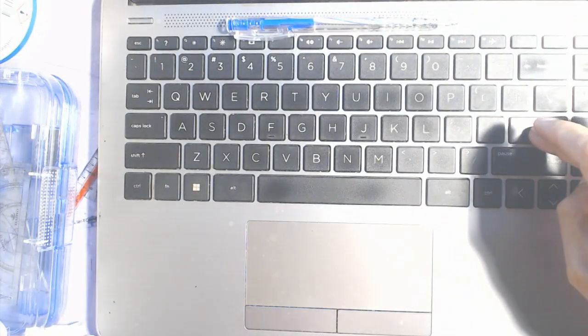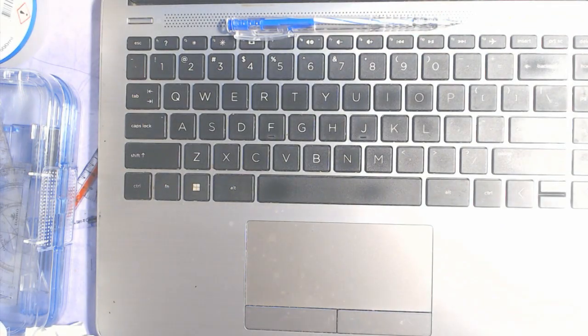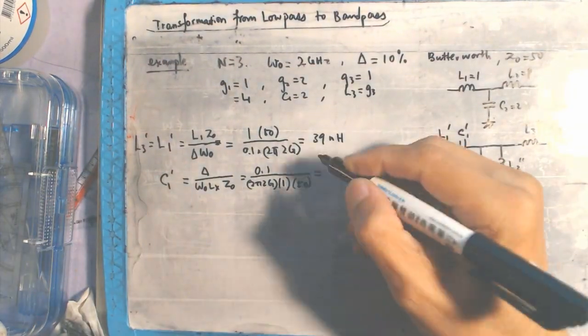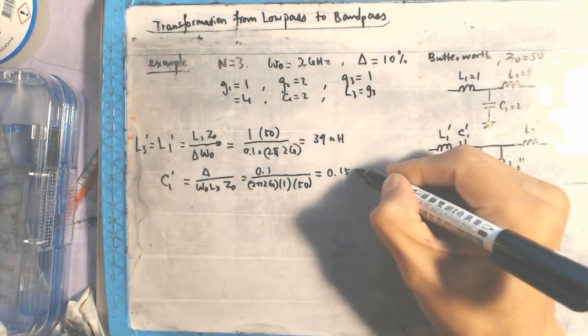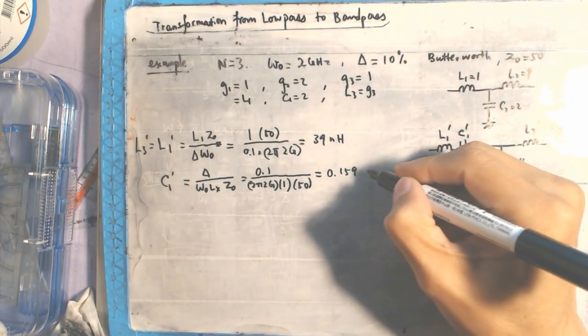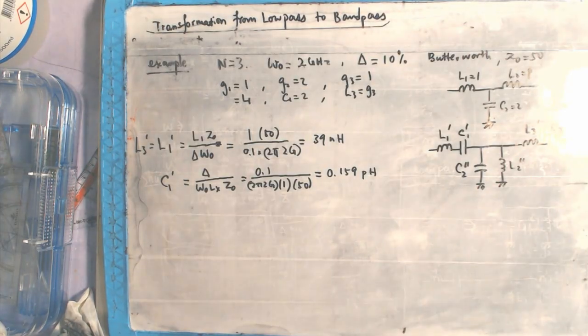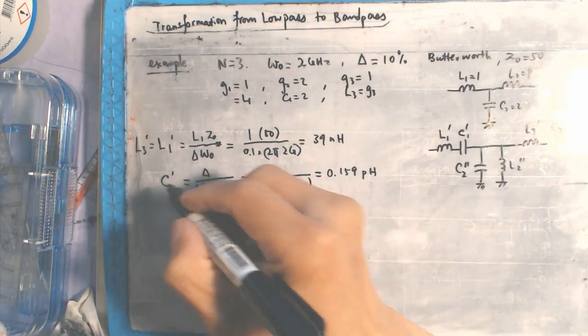So I got 0.159 pico farad. It makes sense. So this one will be equal to C3 as well.